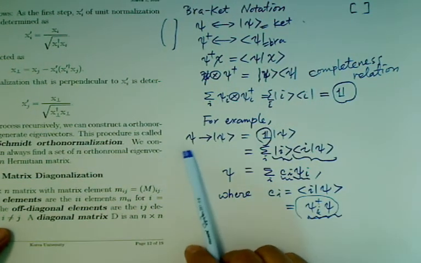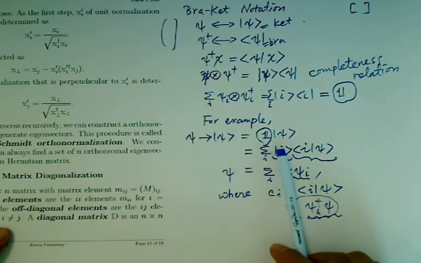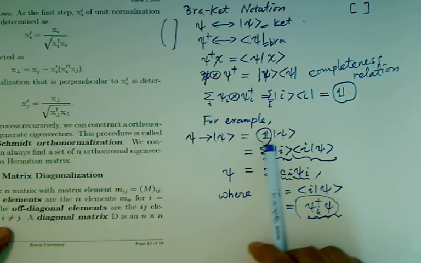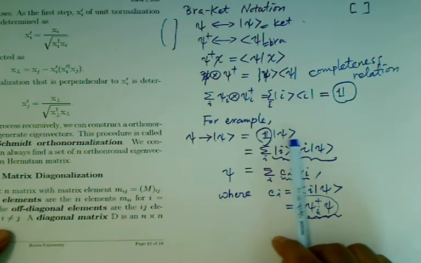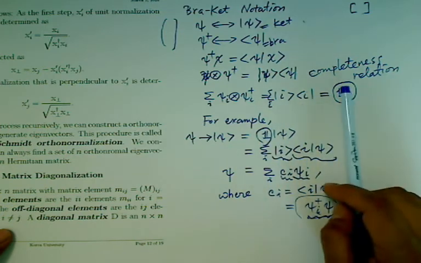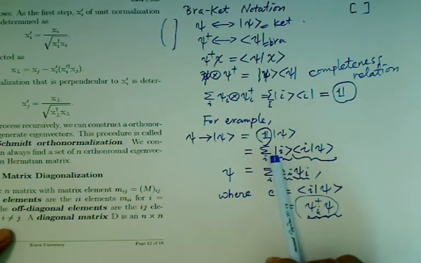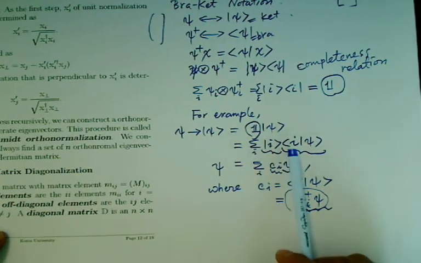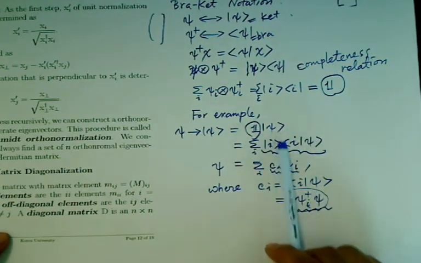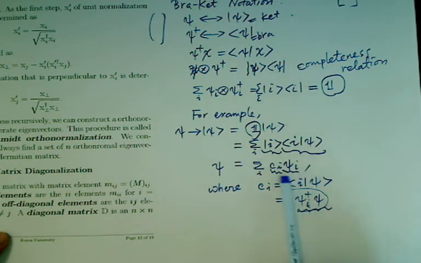For example, psi can be expressed in ket notation, and the identity operator can be applied to the ket. According to the completeness relation, the identity is a sum of bracket direct products. The bracket direct product can be multiplied, and this is a linear combination of the ith eigenvector state with some coefficient.